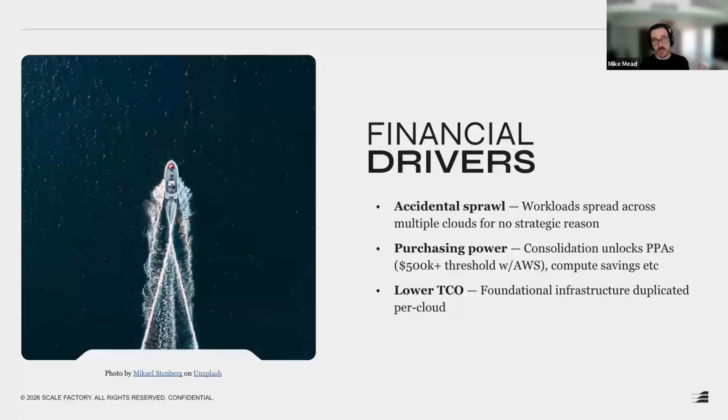One thing is purchasing power. So if you are going to consolidate onto a single cloud provider, there might be benefits there. You might be able to get some discounts and incentives from that cloud provider to do that consolidation. You can also unlock, if you're not aware, private pricing agreements. So if you spend more than $500,000 a year on AWS, you can take out a private pricing agreement with them, and that will give you discounts across services.